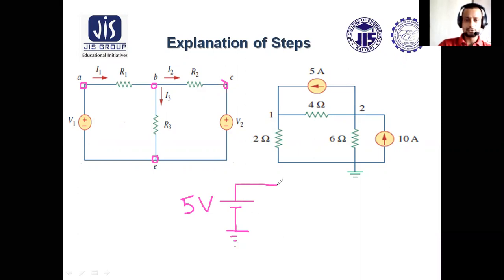So voltage at this node should be 5 volt with respect to this ground. So the voltage of node A is known because this independent source voltage is already given here.